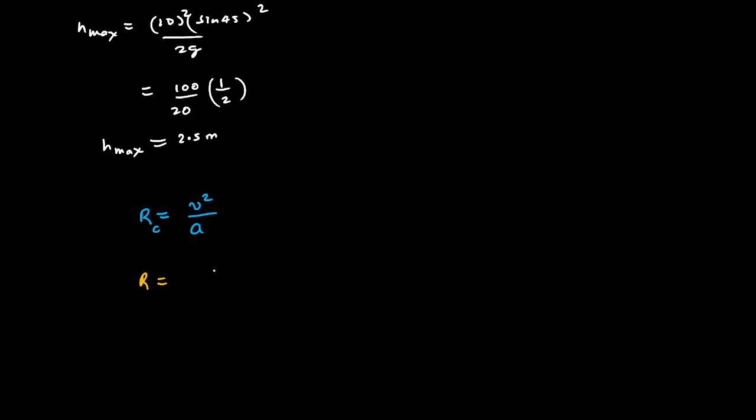At the topmost point, its velocity component would be 10 cos 45, the horizontal component. Only that velocity will survive there. So (10 cos 45) squared by g, simplifying that, it is going to be 100 times (1 by root 2) squared, so 2 in the denominator. g is 10. So the radius is going to be, of course, 5 meters. Dear students, 5 meters is the radius of curvature we see in actual life, meaning the experiment.